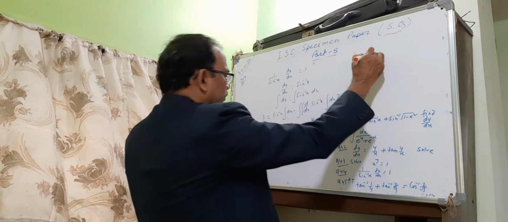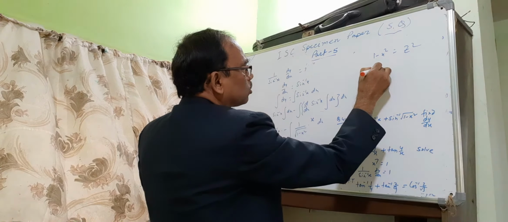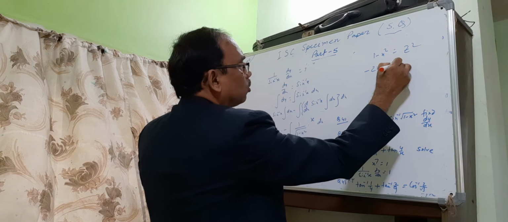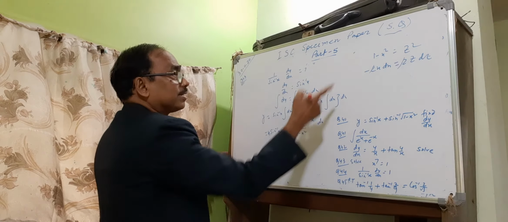Now put 1 minus x square equals z square, that is minus 2x dx equals 2z dz, that is minus x dx is z dz.